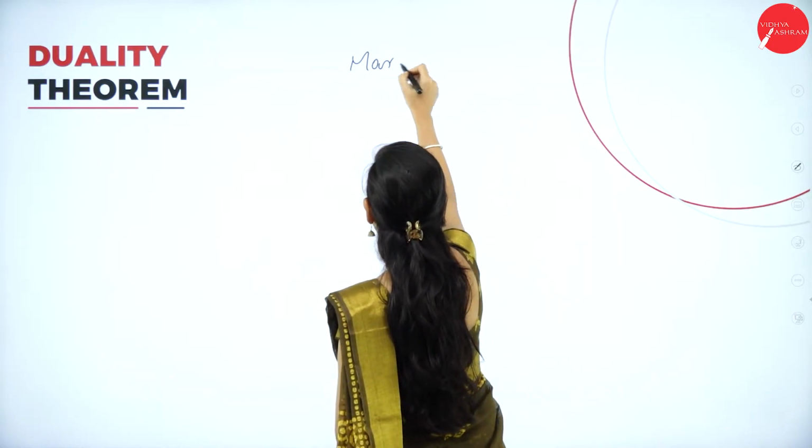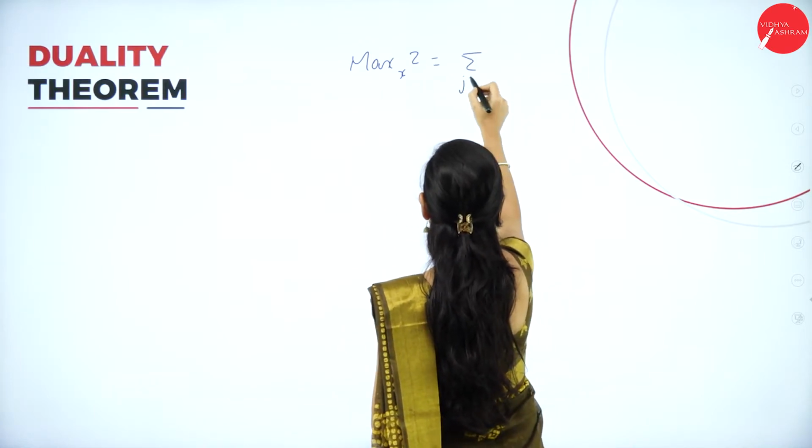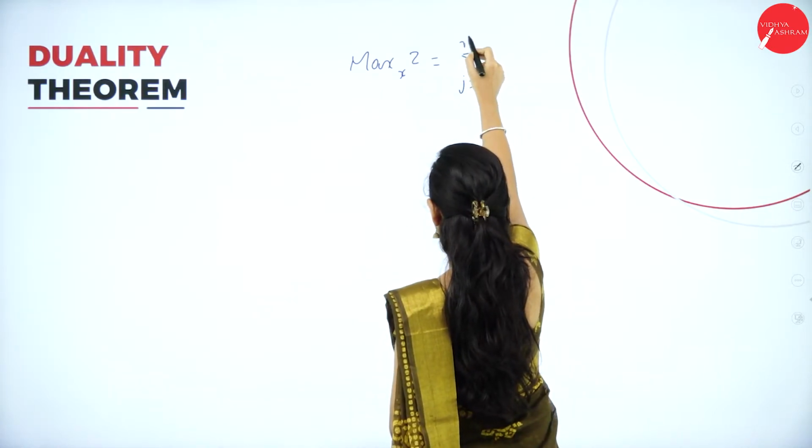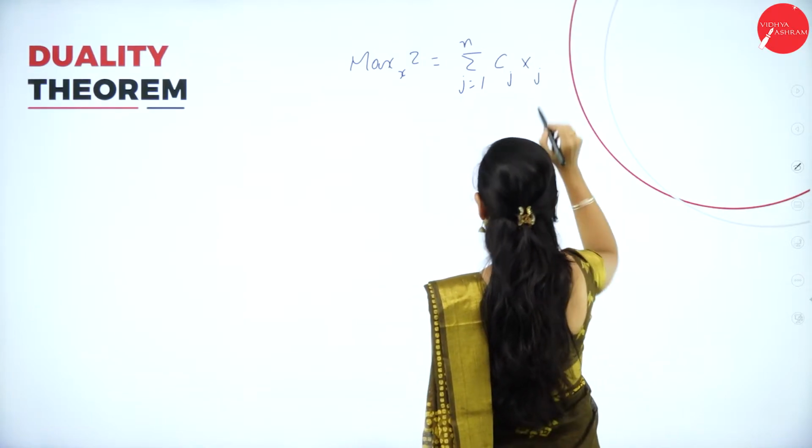Max z is equal to sigma j is equal to 1 to n Cj into xj.